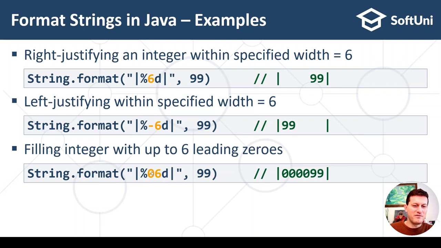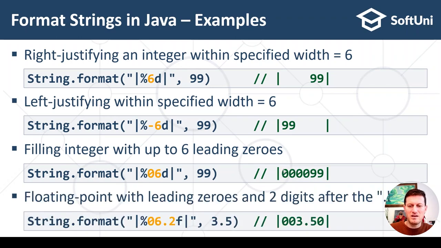And we can have %06d, which puts zeros at the leading positions instead of spaces. And we can have even something more complex, which says %06.2f, which means please fill with zeros up to 6 positions with 2 digits after the floating point, and this will be a floating point number like 3.5.